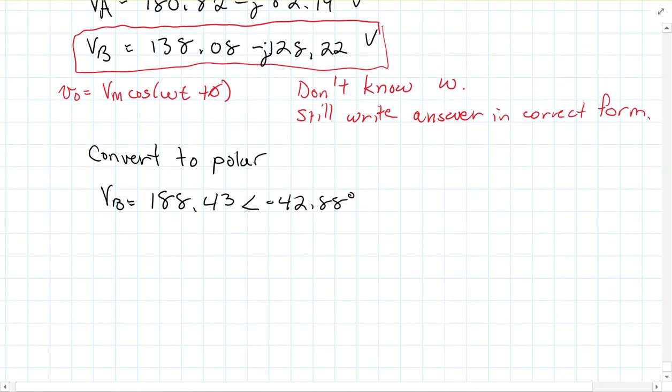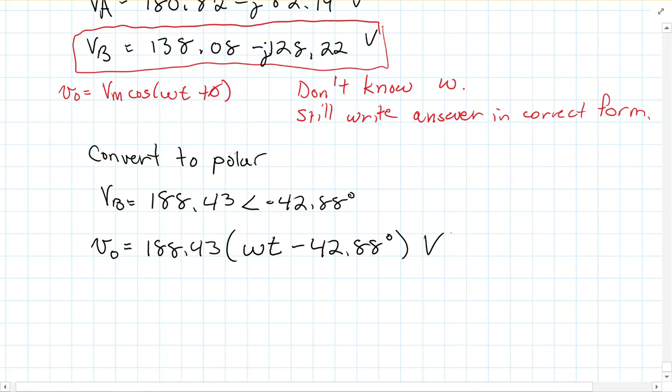And so I can write my V out, because V out is equal to VB, remember. V out would be 188.43, and I don't know omega, so I just write omega t minus 42.88 degrees, and this is in volts. So even though I don't know omega, I can still write it in the proper form.